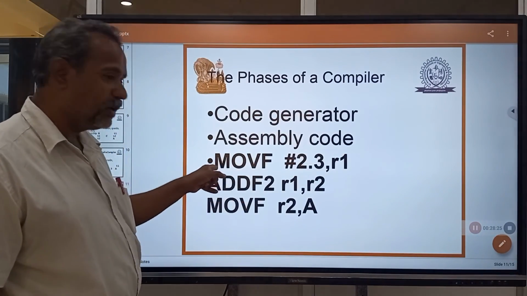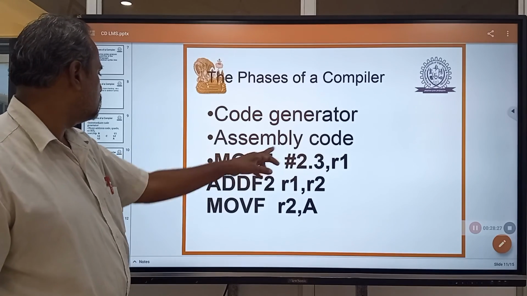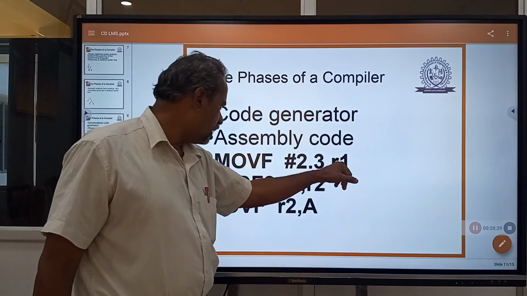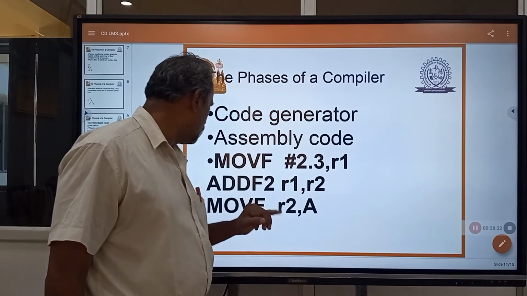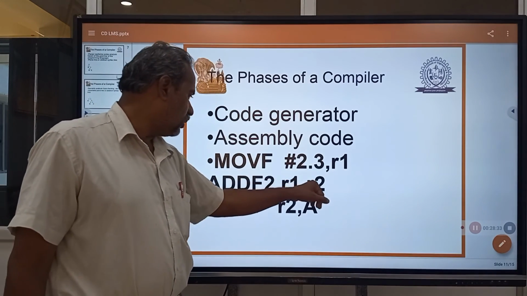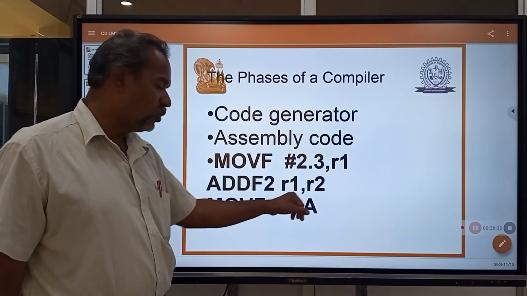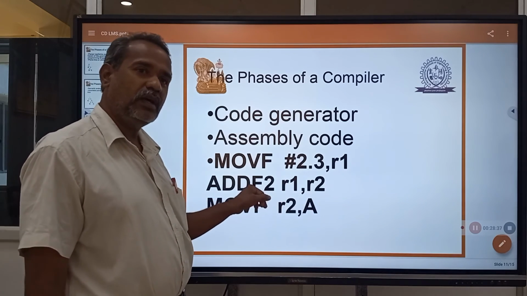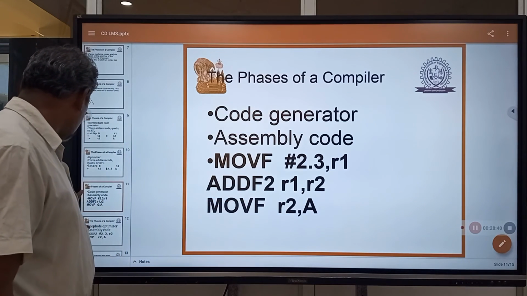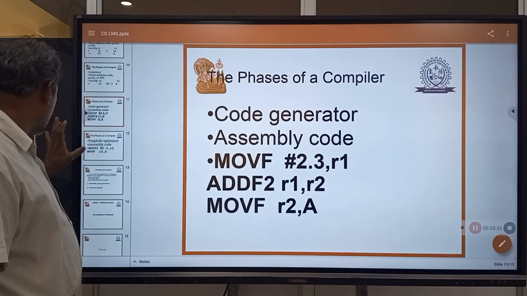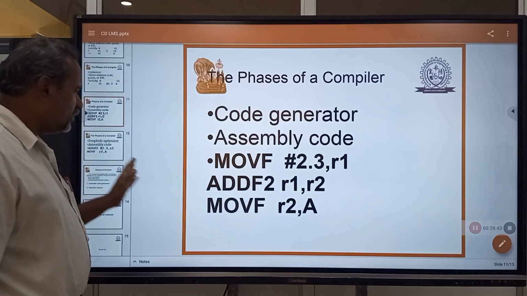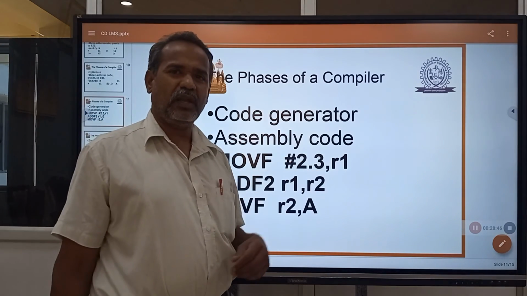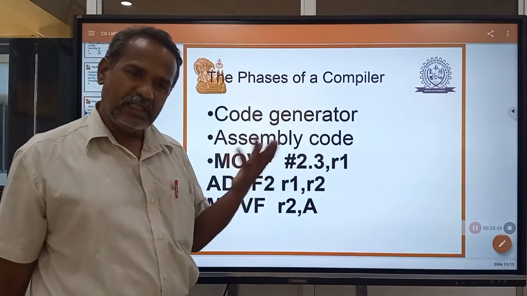See, I give opcodes such as move the content of R1, move the content from R to R1, and move the value of A to R2. And finally you come to the idea that these are the opcodes of the language.